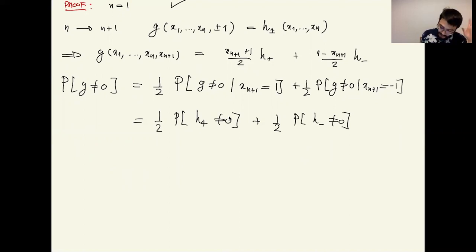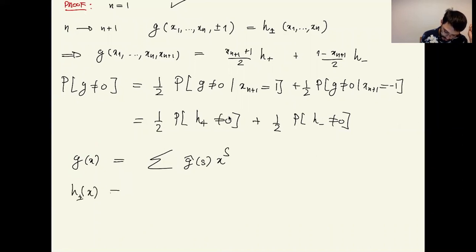But before we do that, let's see what the expansion of h is. So you had the expansion of f, let me write it here for g. So g is that. So who is h plus or minus? This is a sum over S contained in n plus 1.